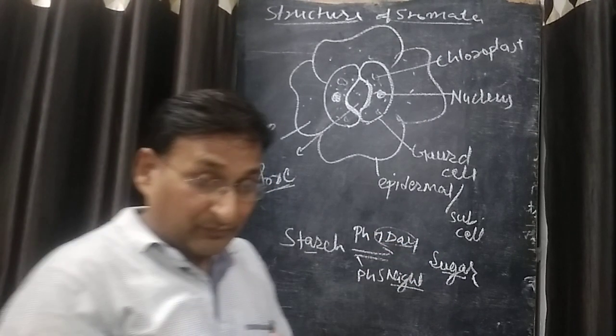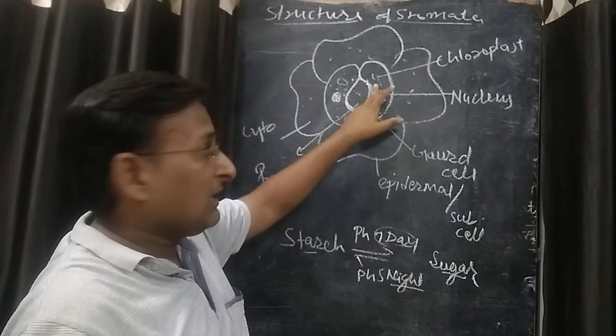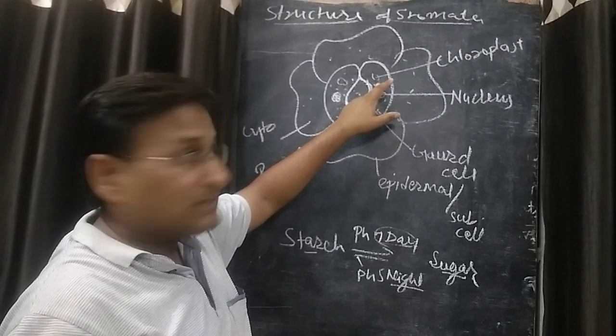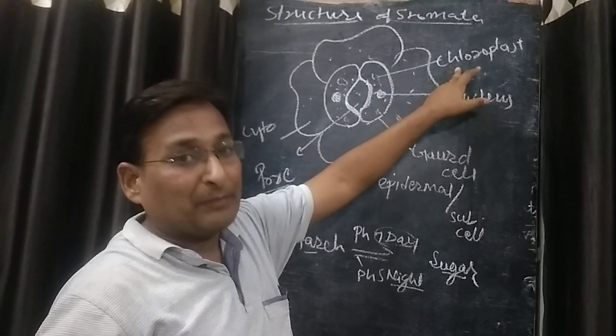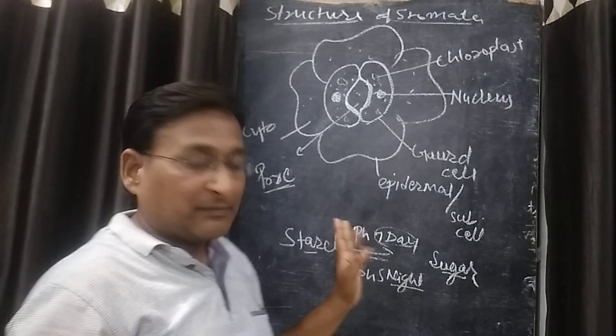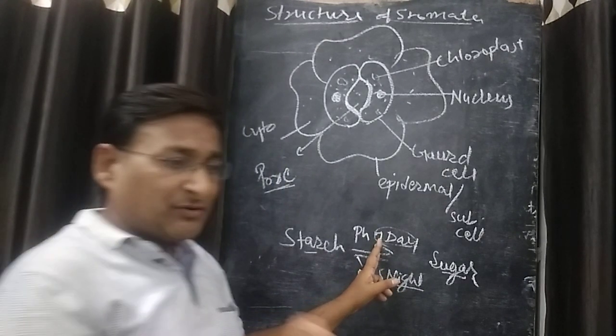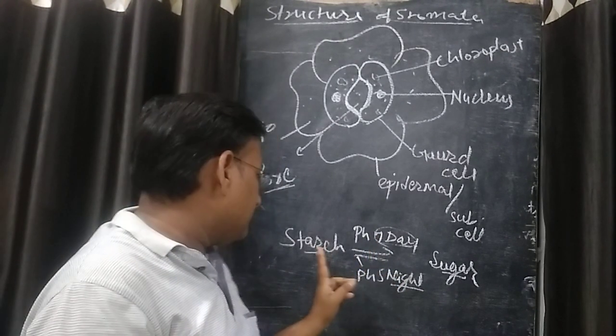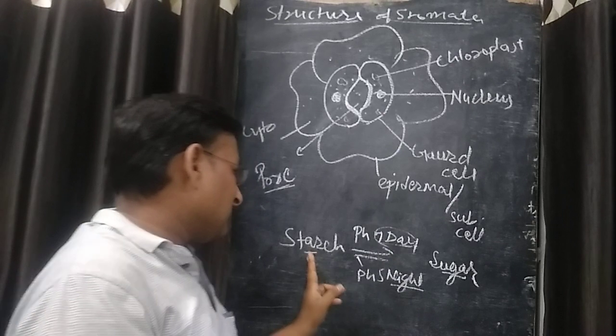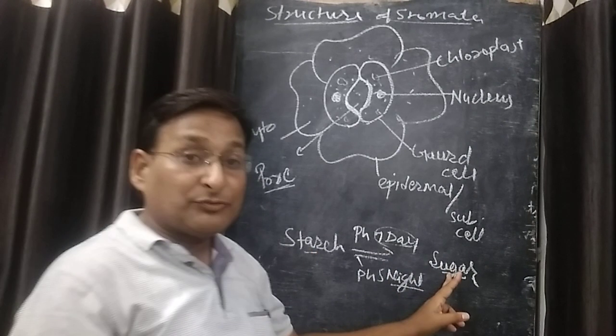In daytime, photosynthesis occurs in the guard cell due to the presence of chloroplast and makes sugar. The pH in daytime reaches 7, and at pH 7 the starch converts into sugar.